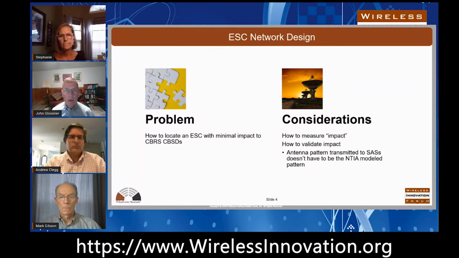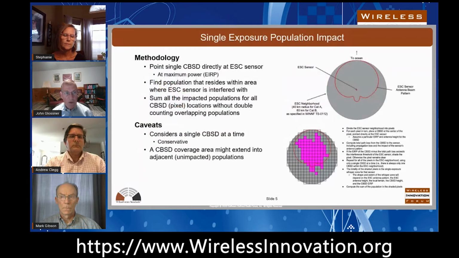How do we measure it? And then how do we validate it? And it's a little bit complicated because there are some subtleties: the antenna patterns that are transmitted by the SASs don't necessarily have to be the NTIA model, but they have to guarantee that the ESC is protected. So we came up with a number of ways of doing that. And for today, I'm just going to describe one very briefly.